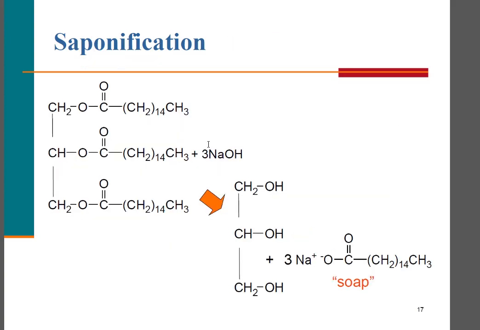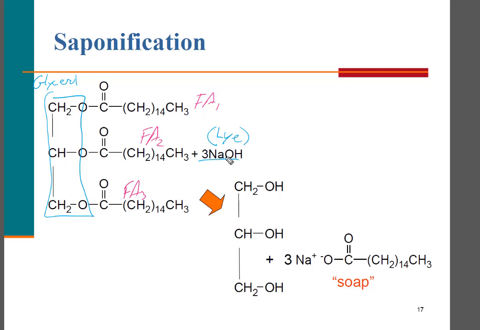So here they show the reaction. We have the glycerol backbone. Let me use blue for that. Here's the glycerol backbone. We have the 3 fatty acids: fatty acid 1, fatty acid 2, fatty acid 3. You cook this up with sodium hydroxide. This is also known as lye.